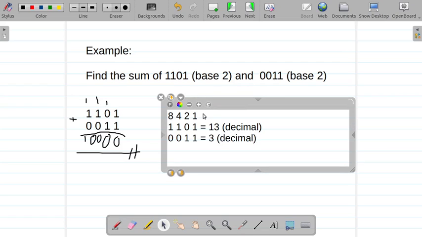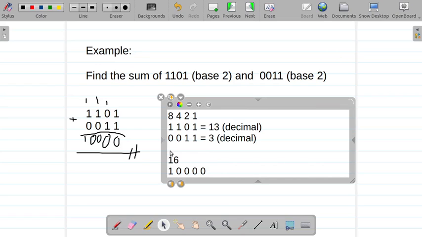So, iyang answer sa binary is 1, 0, 0, 0, 0. So, kung atong i-equal ni siya is 16, 8, 4, 2, 1.